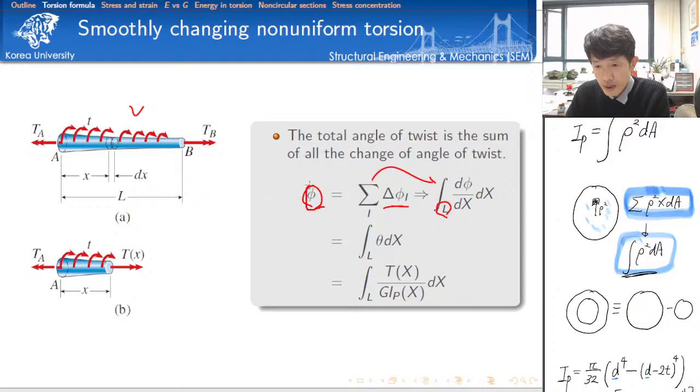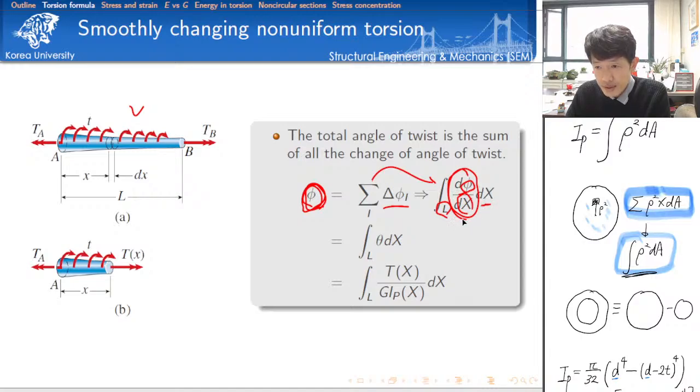So here, the total angle of twist is the integration of small angles of twist. But the angle of twist is a function of coordinate. That's why we need to integrate the derivative of angle of twist over the length of the segment.